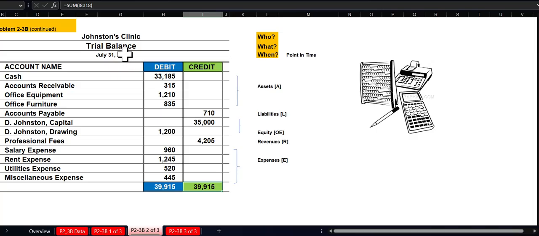And so we have tried the balances and they are equal. And so now we can move on to the next phase of the accounting process, which is to summarize the transactions in the form of financial statements.